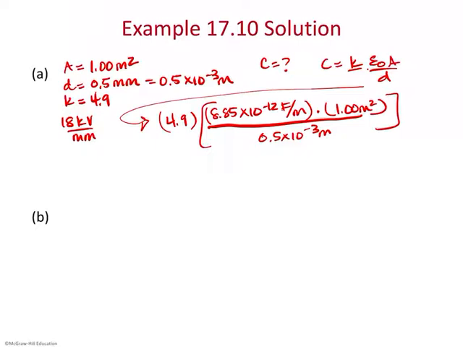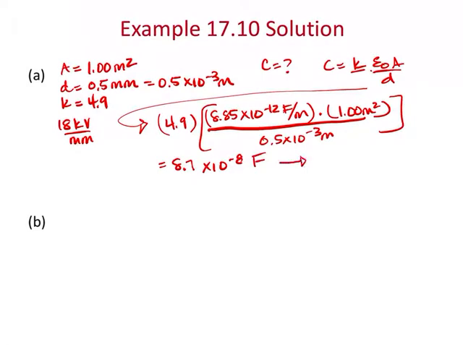If you multiply that out, you should get 8.7 times 10 to the negative 8th, and that's going to be in farads. They said to go ahead and say 87 nanofarads, but either way works. So that's part A.